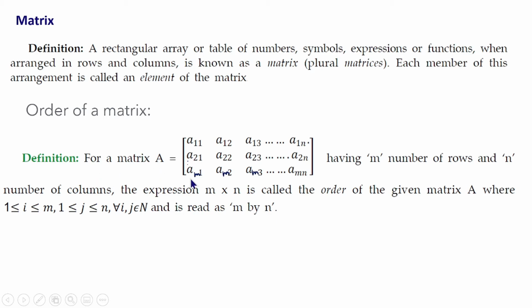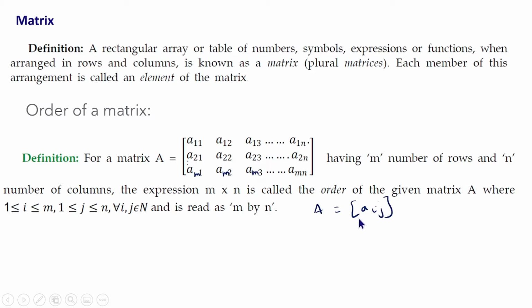So for a matrix A of this form having m number of rows and n number of columns, the expression m by n is called the order of matrix A. Here we have A equal to [aij], where i varies from 1 to m and j varies from 1 to n, for all i and j belonging to N, where N is the set of natural numbers.